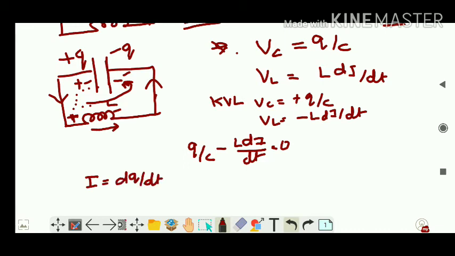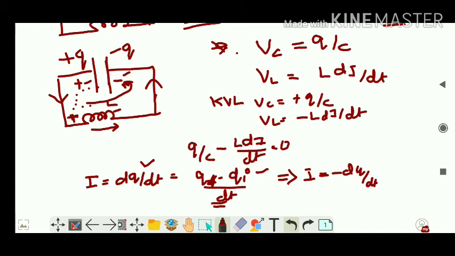But there is change, or I can say it is final amount of charge minus initial amount of charge by dt, change in time. Now change in time means time is increasing, so dt is positive, but final amount of charge is less when compared to initial amount of charge. Thus dq by dt is minus, so I is supposed to be written as minus dq by dt.